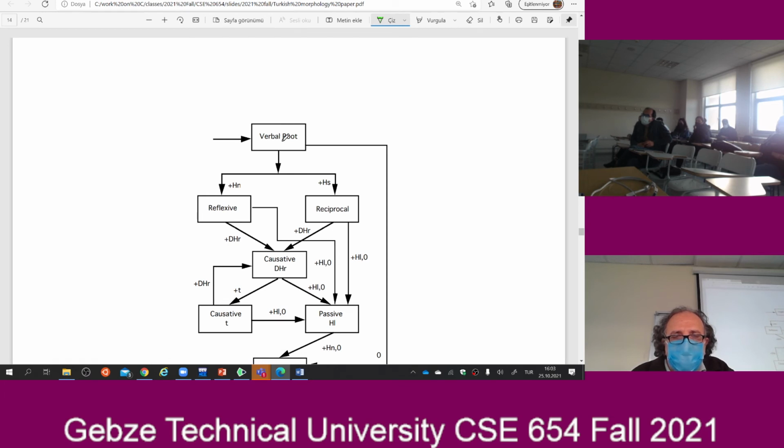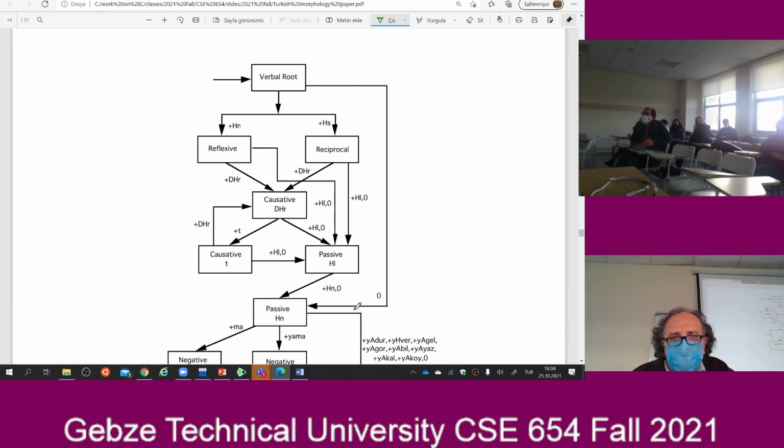Verbal root, koş, koşun. Koşuş, right? And koşuştur. What is this? But this is koşuş. Oh, koşuşu. I don't know what this one is.